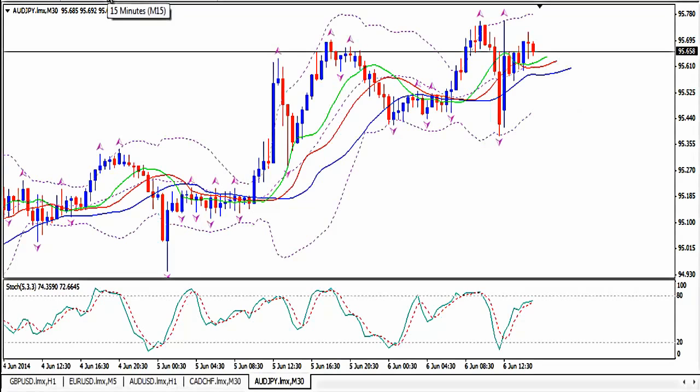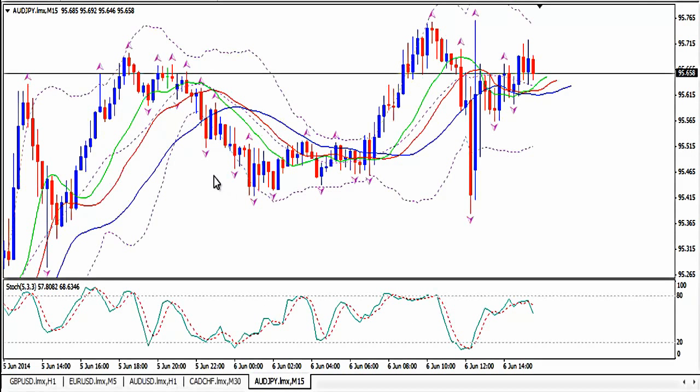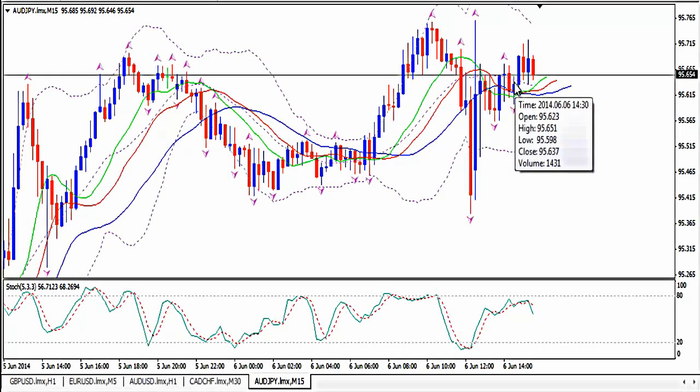Let's go to the smaller time frames to see how things look. Here we had a very nice buy signal 1, 2, 3, 4, 5 candlesticks ago.